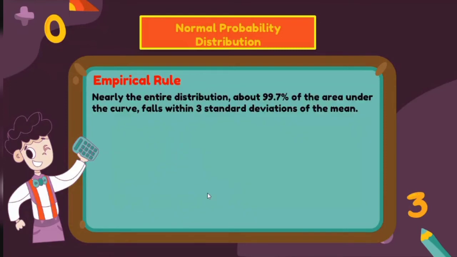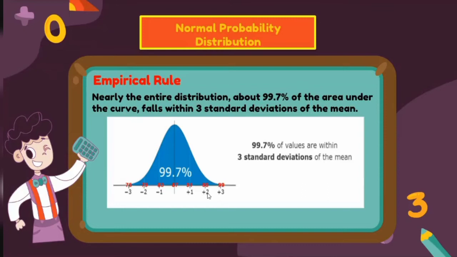So next, for the last part, nearly the entire distribution, about 99.7% of the area under the curve, falls within 3 standard deviations of the mean. So consider the same problem. So 3 standard deviations to the left of the mean, then 3 standard deviations to the right of the mean. So earlier, from 79 to 95, you have 95% of your data lying within that interval.